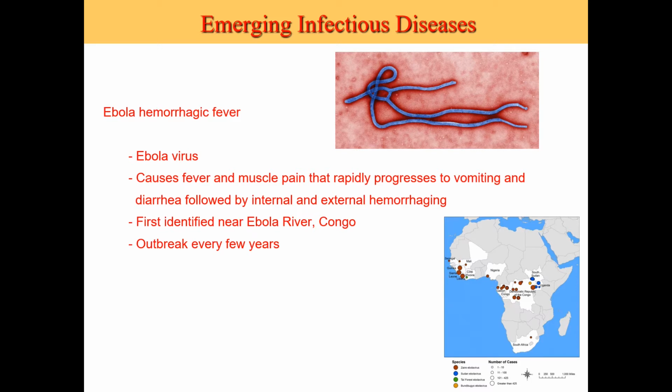This disease was first identified in what was called, I think, the Congo at the time, and now is the Democratic Republic of the Congo, DRC. And there are outbreaks every few years in other parts of Africa, not just the DRC, but also in adjoining countries.